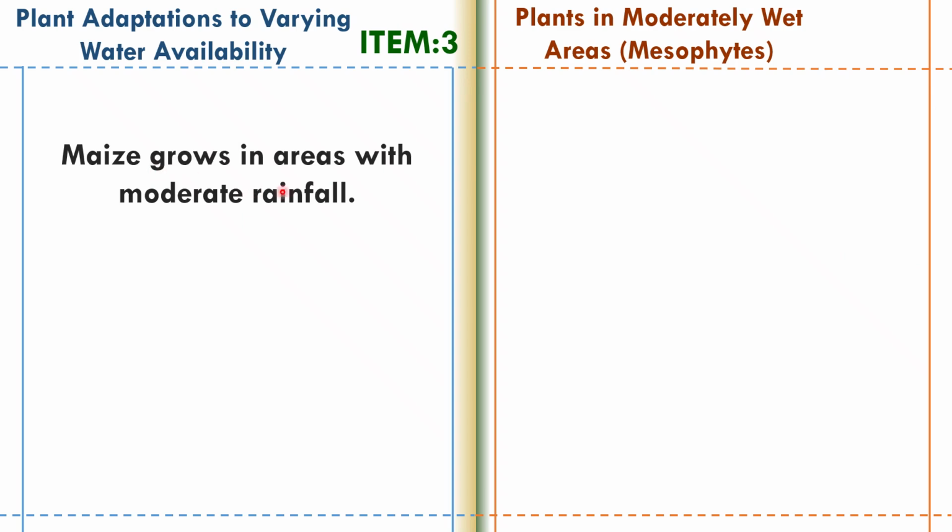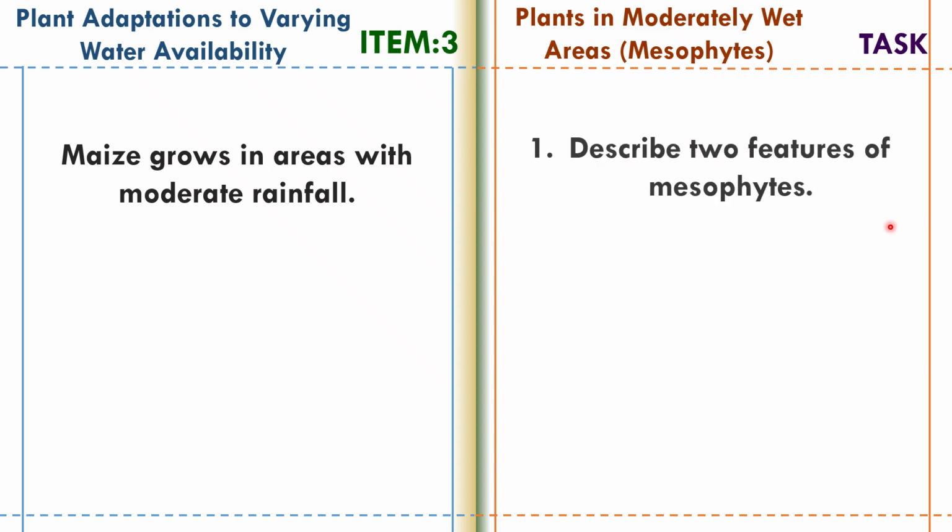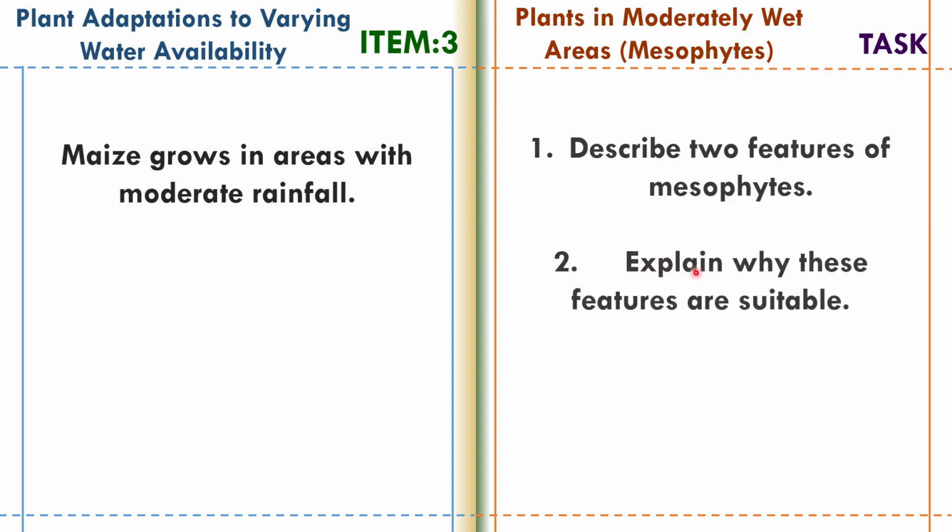Maize grows in areas with moderate rainfall. Task: describe 2 features of mesophytes. Explain why these features are suitable.